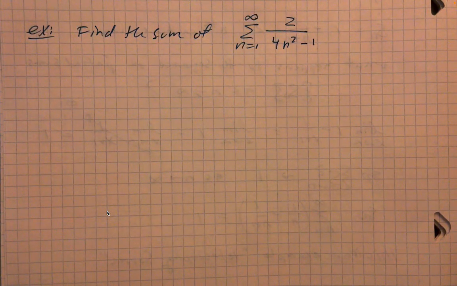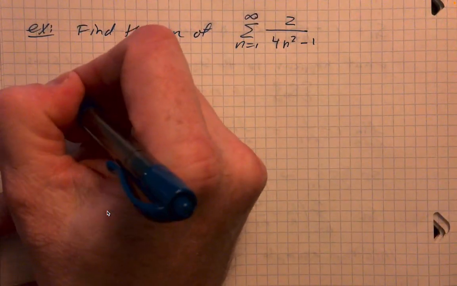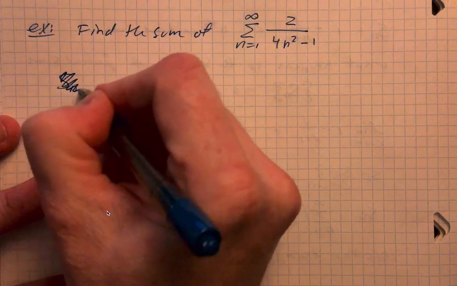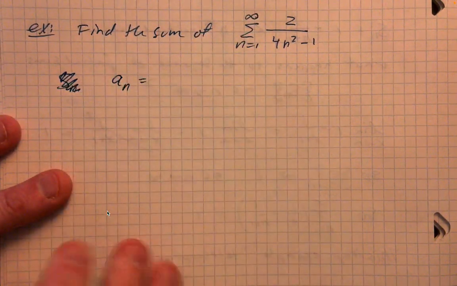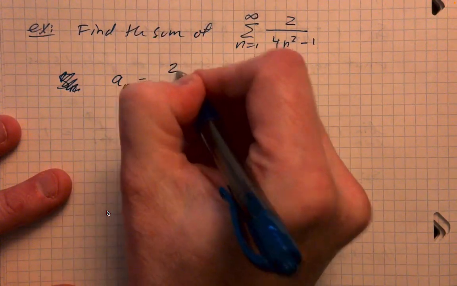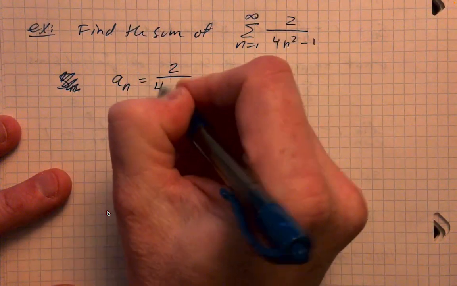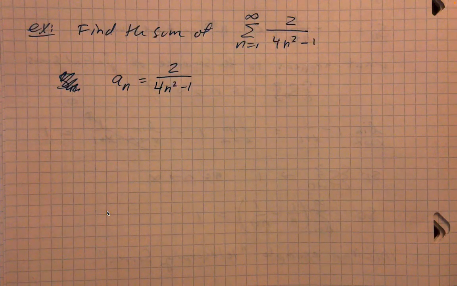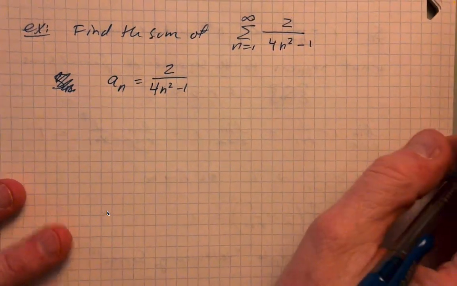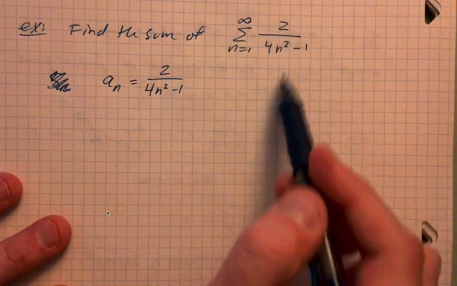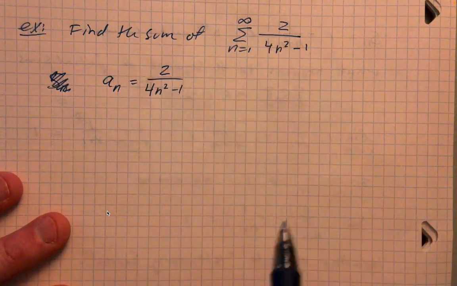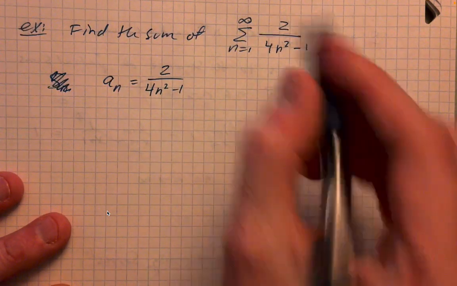The nth term a_n is given, 2 over 4n squared minus 1, though S_n is not given. This is not terribly helpful in itself, so let's do a partial fraction decomposition on this.